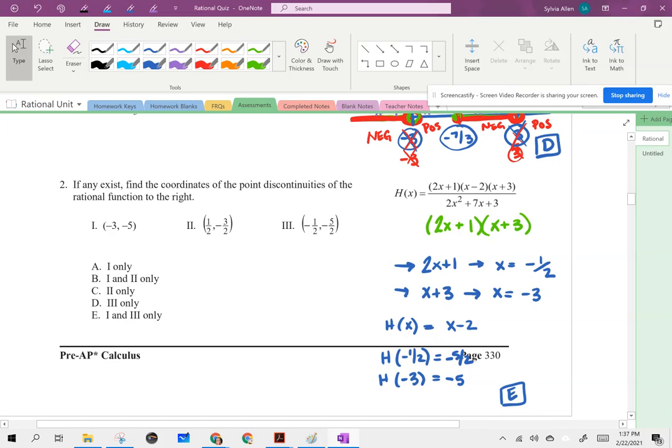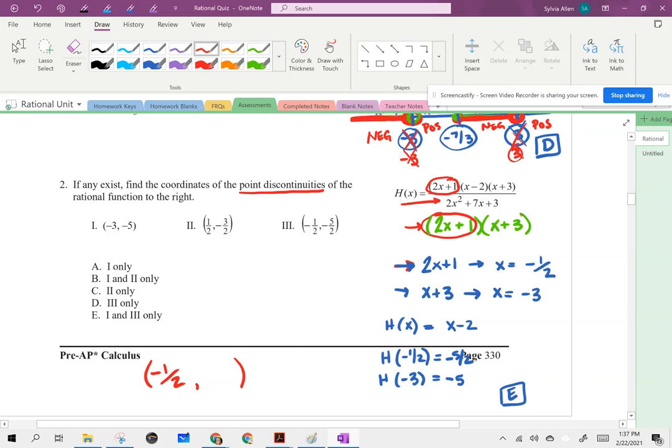Then it says, if any exist, find the coordinates of the point discontinuities of this rational function. So what we would need to do is factor the denominator and identify any common factors top and bottom. So 2x plus 1 and 2x plus 1, that's a common factor. So the x value of the hole is going to be at -1/2.